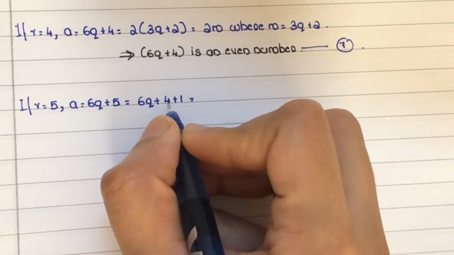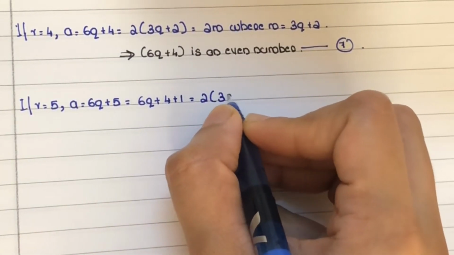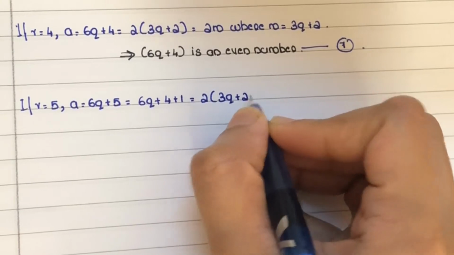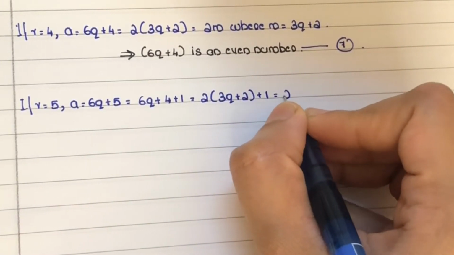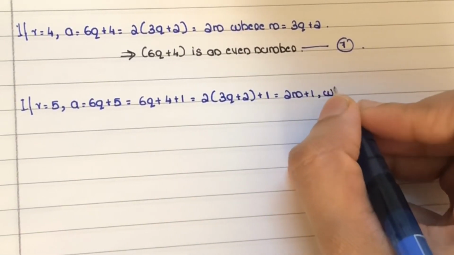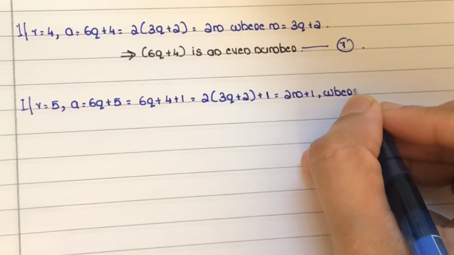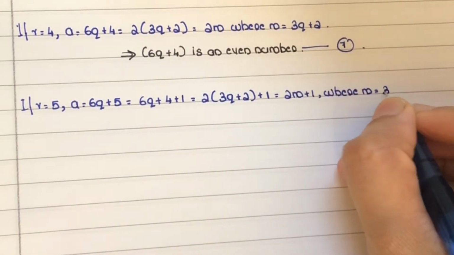Here 2 is common, so take it out: 2 into 3q plus 2, plus 1, that is equal to 2m plus 1, where m is equal to 3q plus 2.